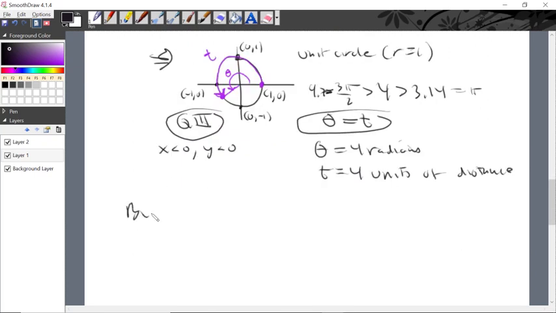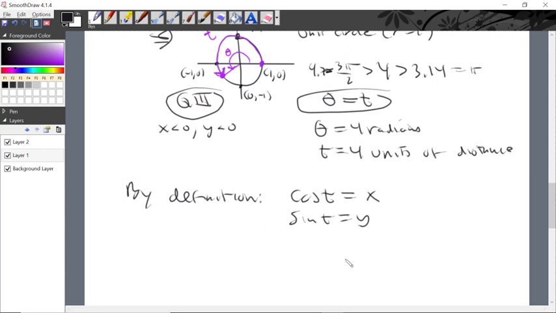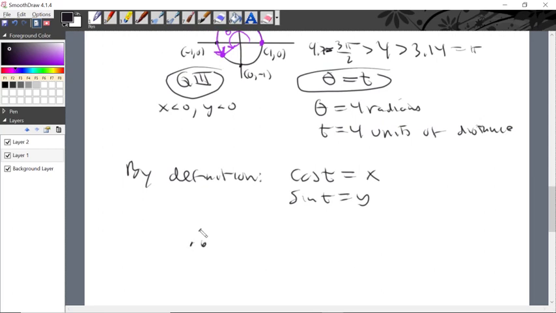By the definition of the trigonometric functions, the cosine of t is equal to x, the sine of t is equal to y, and we're given the value of t. So therefore, x in our case is equal to the cosine of 4, and y is equal to the sine of 4.